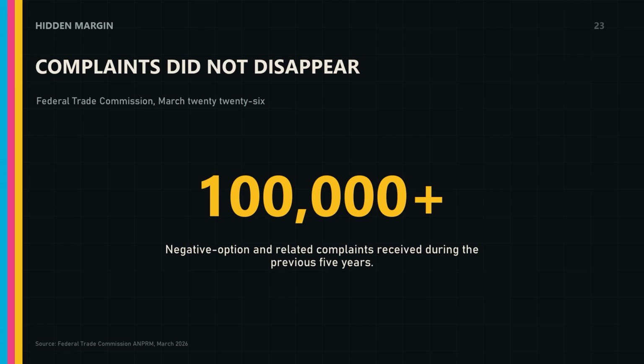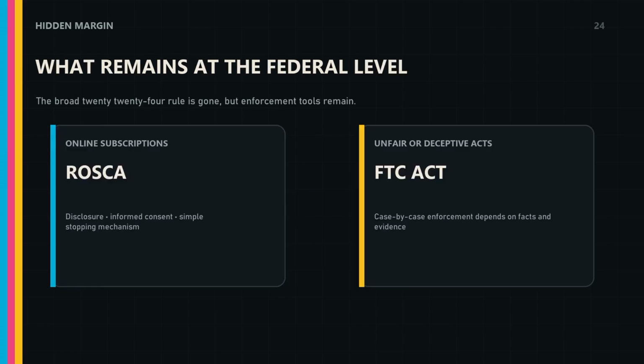on alternatives. The absence of the broad rule does not mean subscription businesses operate without federal law. The Restore Online Shoppers Confidence Act applies to online negative option transactions and requires clear material terms, express informed consent, and simple mechanisms to stop recurring charges. The Federal Trade Commission Act can also reach unfair or deceptive practices, depending on the evidence.